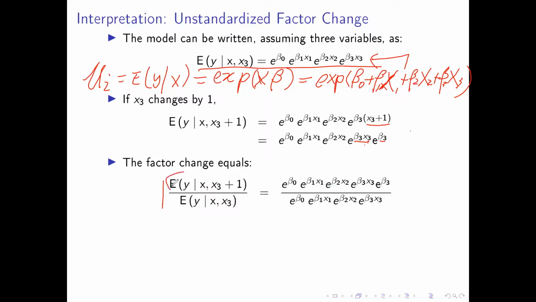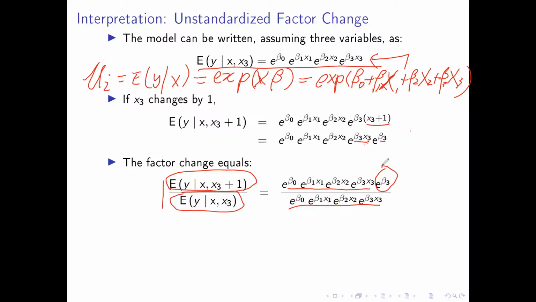So this is after we increase 1 unit for the variable x3. This is its initial status without that increase, that's its formula. And after its increase, it has an additional term: e raised to the power of beta 3, the natural exponential function of beta 3.